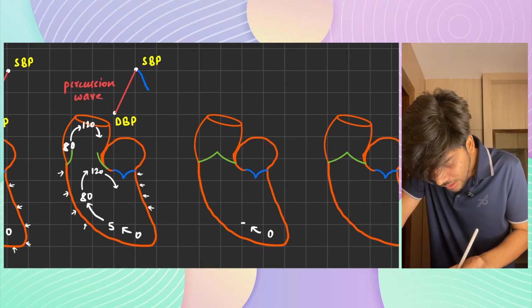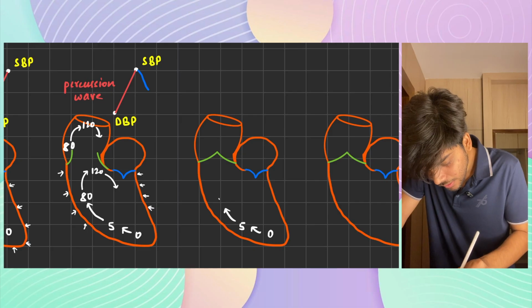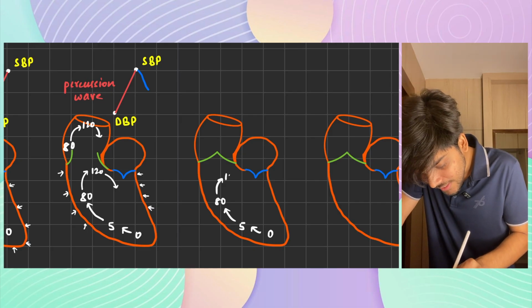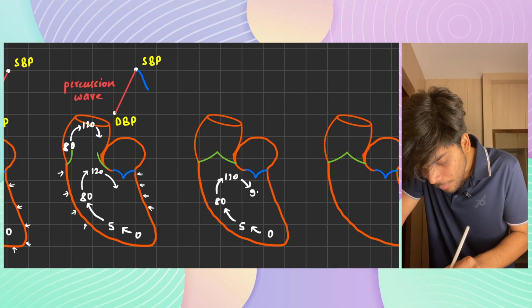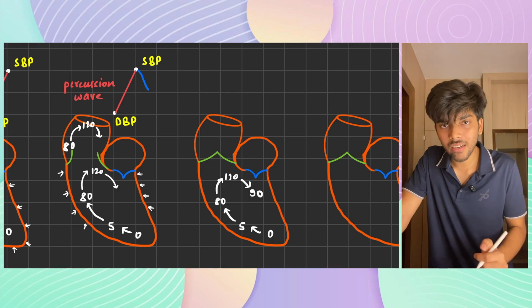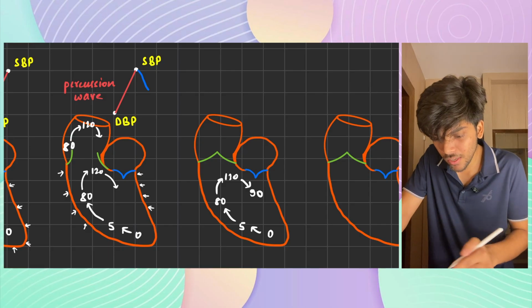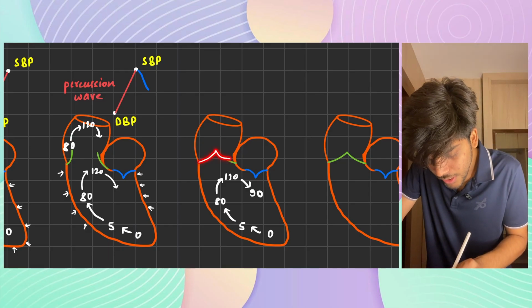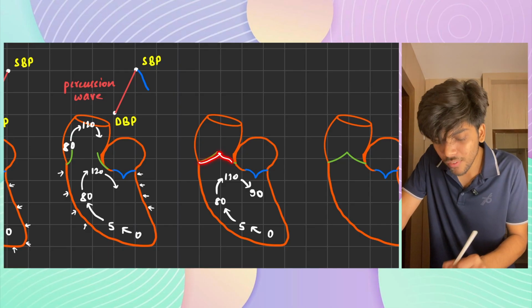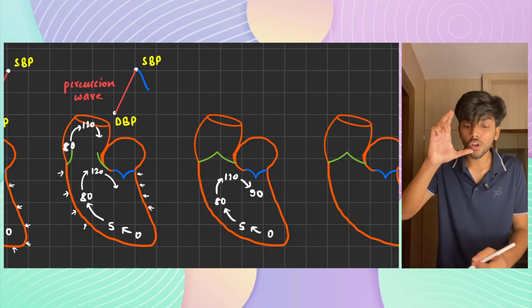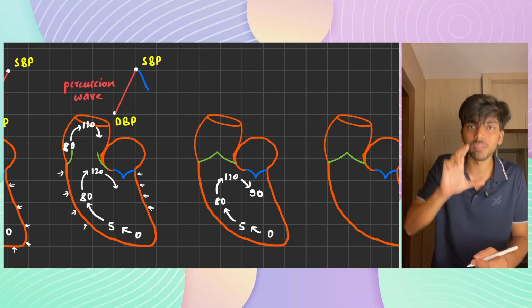As soon as the pressure that is falling hits around 90 mm of Hg, the pressure inside the left ventricle becomes around 85 to 90 mm of Hg, the aortic valve closes. As soon as the aortic valve closes, the column of blood inside the aorta falls back.